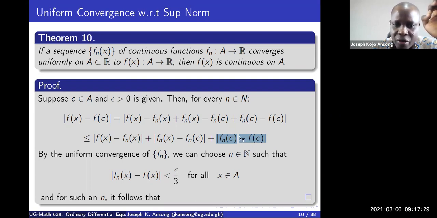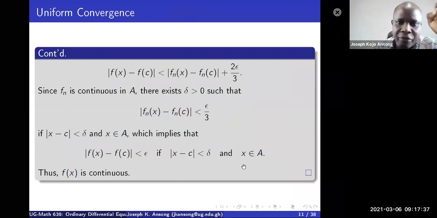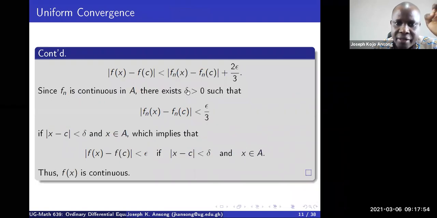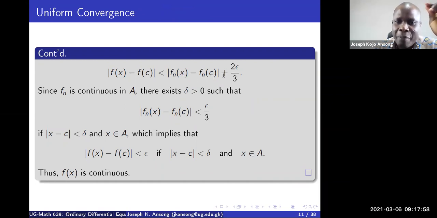When you add them, we get 2 epsilon over 3, which we add to this. Now we can rewrite the same left-hand side as less than the absolute value of f_n of x minus f_n of c plus 2 epsilon over 3. I explained where you get the 2 epsilon over 3 from.